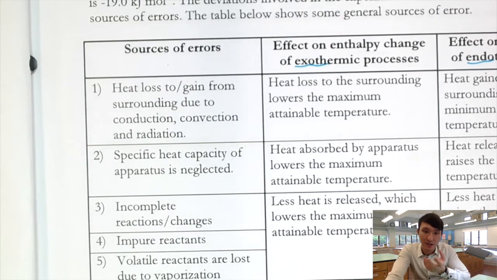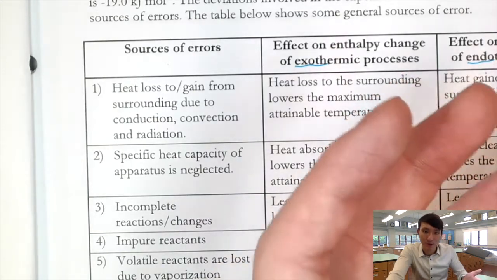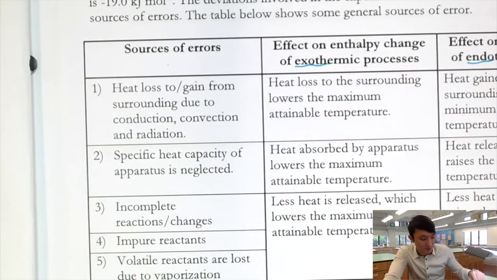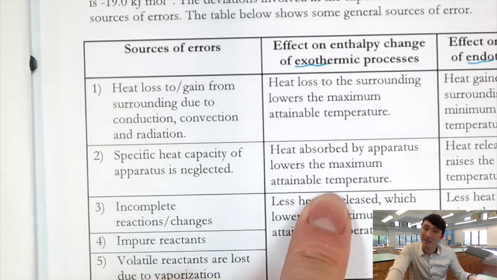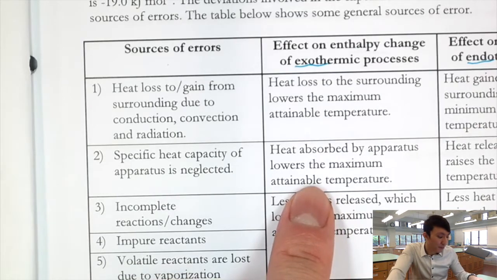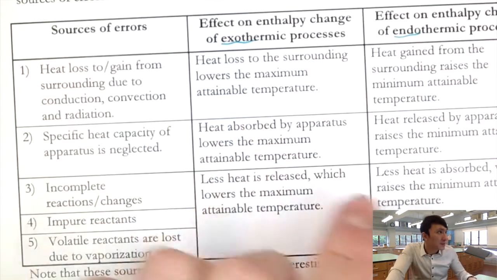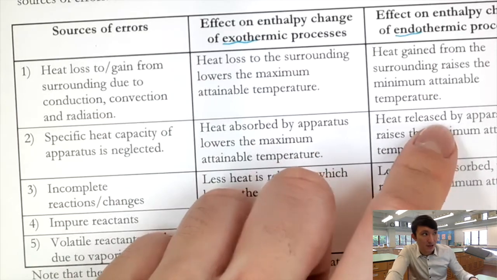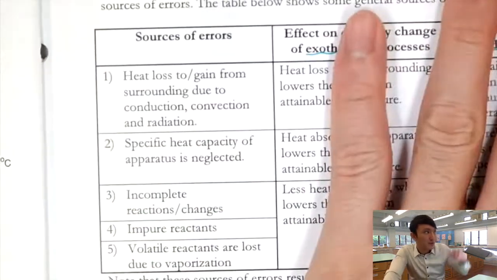So part of the heat released from the process is absorbed by the apparatus. That's why there will be less heat absorbed by the water, and therefore the maximum attainable temperature again is lowered. Similar idea for an endothermic process. I do not repeat myself too much.